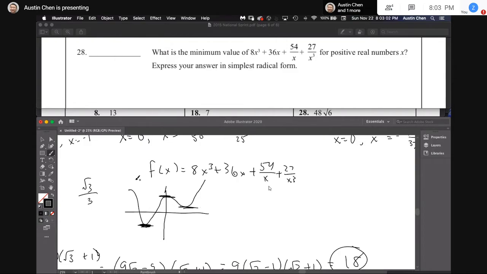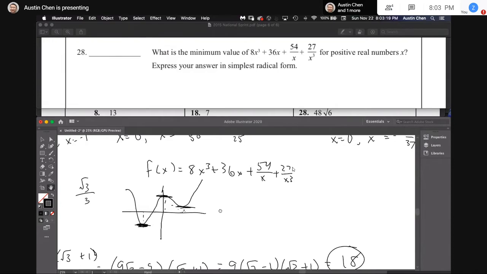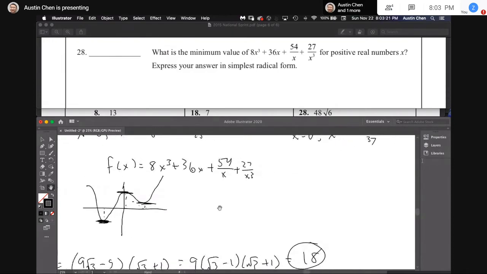So if you take the derivative and set that equal to 0, you will find solutions of x that correspond to either a maximum or a minimum. So we can find our x's if we just find the derivative and set it equal to 0. So yeah, if you know calculus, you should do that.